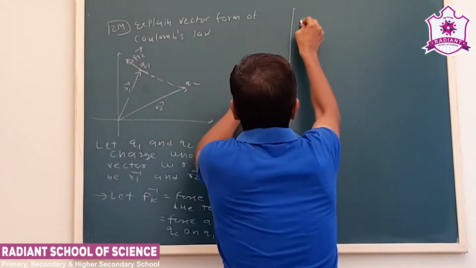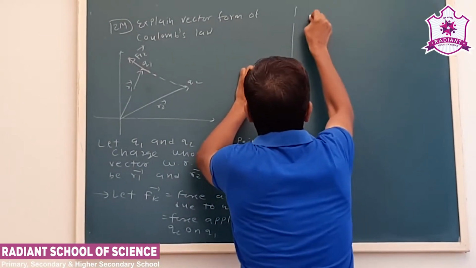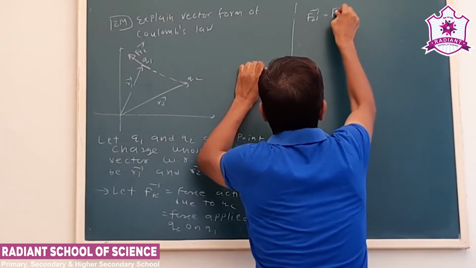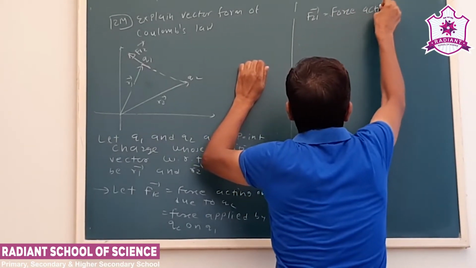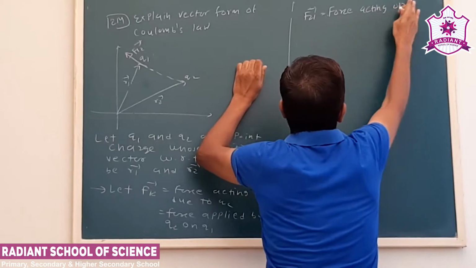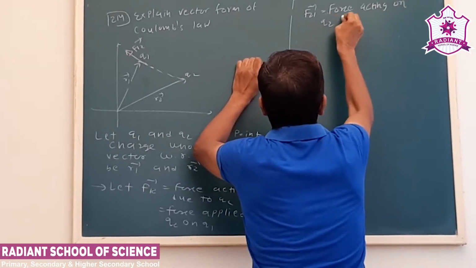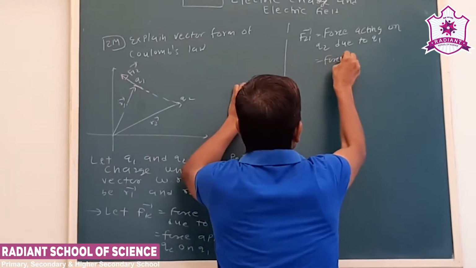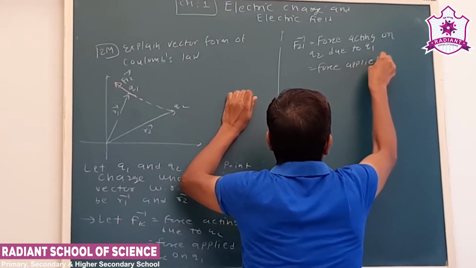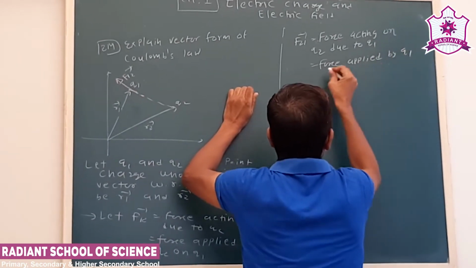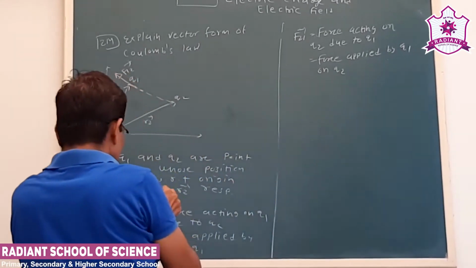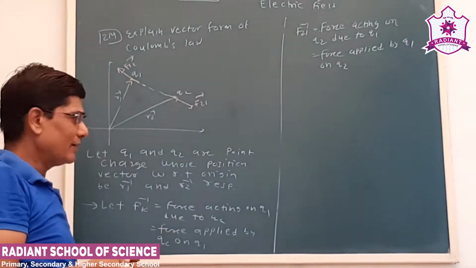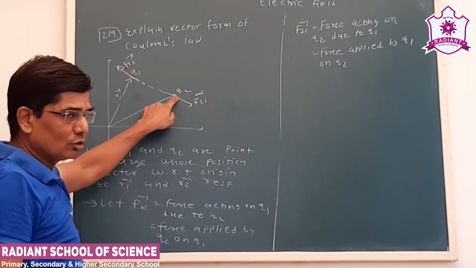Similarly, F21 is the force acting on Q2, or the force applied by Q1 on Q2. So F12 is the force acting on Q1 due to Q2.